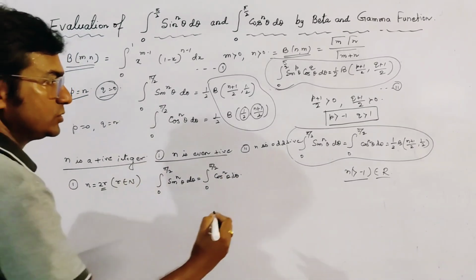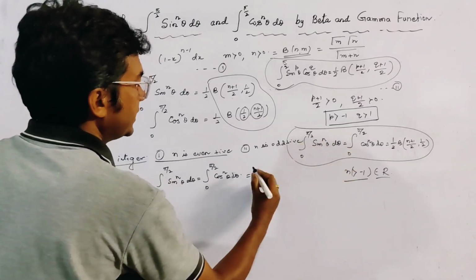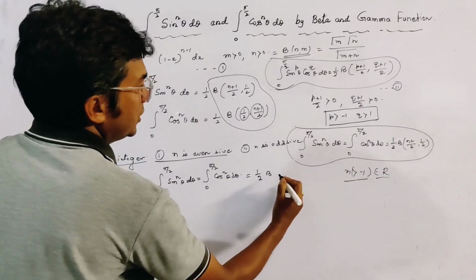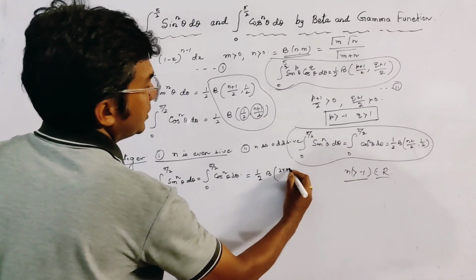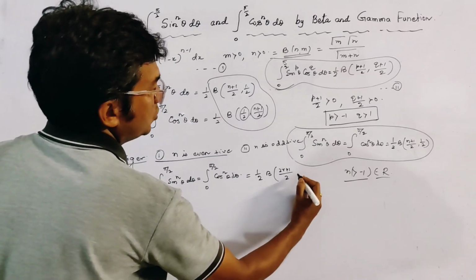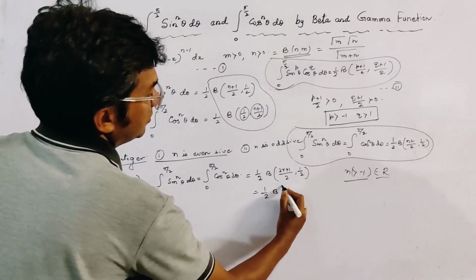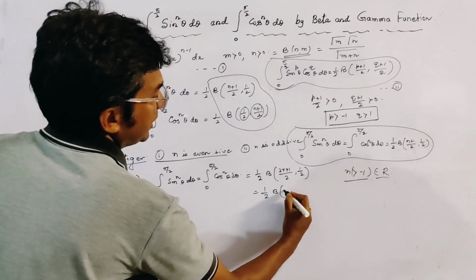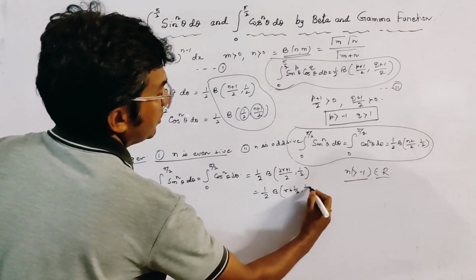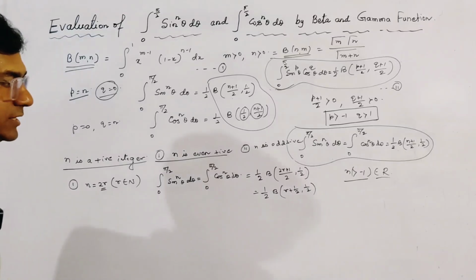From this relation, this is half into beta((2r plus 1) by 2, half), so this is half into beta(r plus half, half).